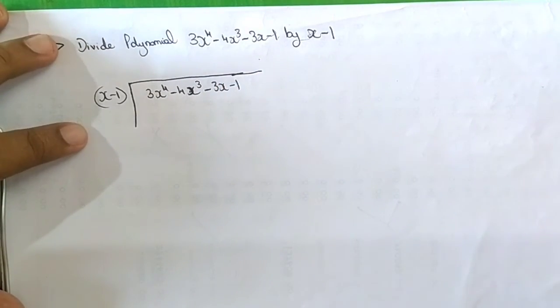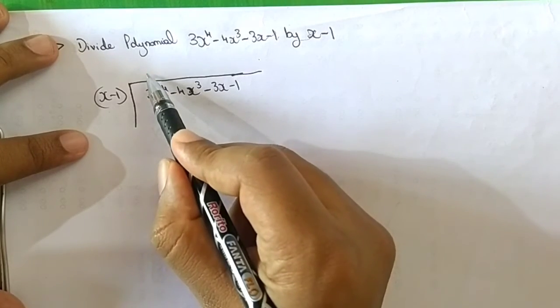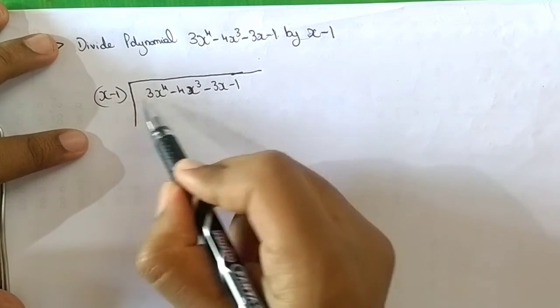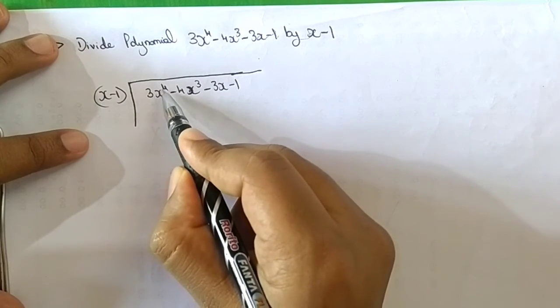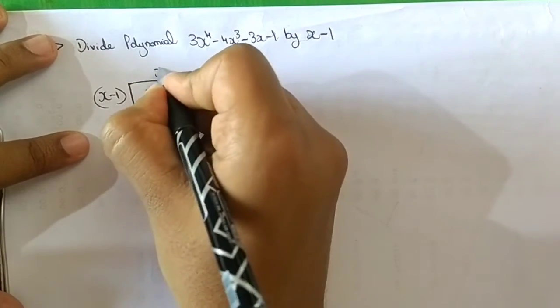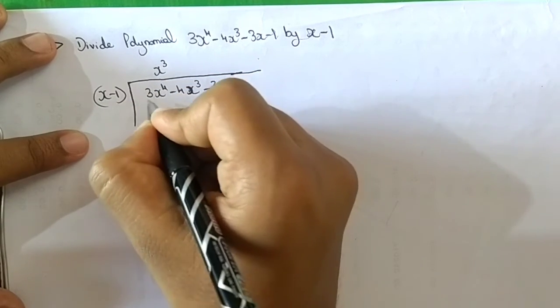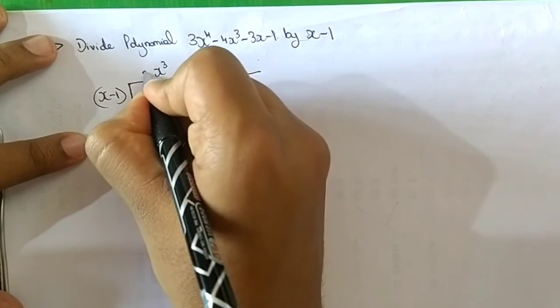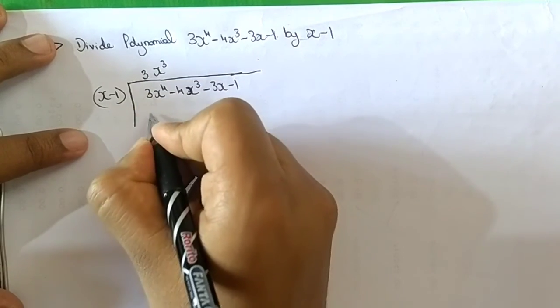Now, as I told, select the first term of the quotient such that on multiplying with the x it should give the first term of the dividend. Here x has the power of 4, here x has the power of 1. We should select x with power 3, so that on multiplying they will give x power 4, and the coefficient is 3 here, so select 3. What will you get?